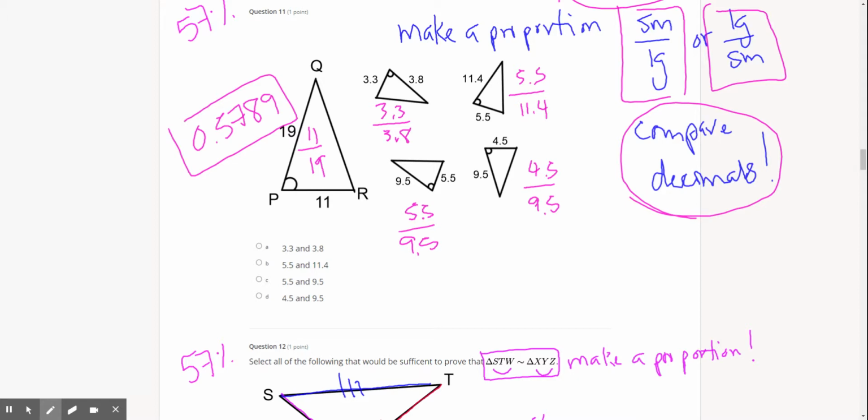So do any of them match that decimal? Or can I eliminate any of them? It's this one?